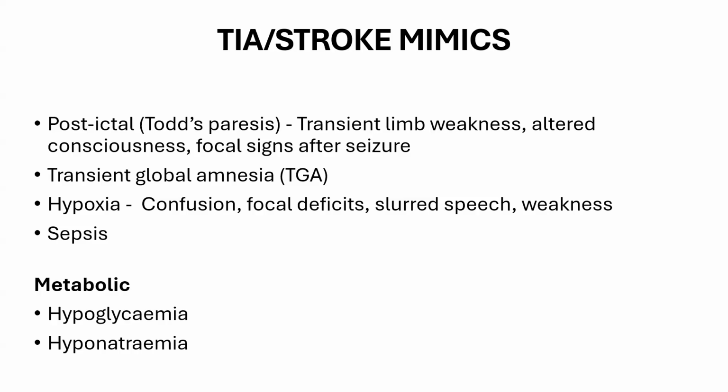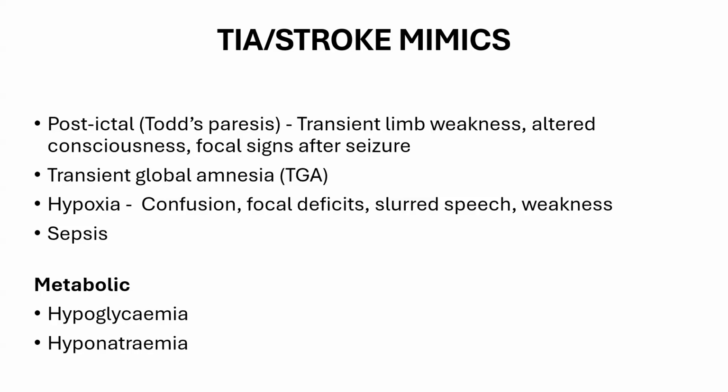Therefore, it's important not to misdiagnose them, because many non-vascular conditions like seizures, migraines, or hypoglycemia can mimic TIA. Mislabeling these as TIA can lead to unnecessary antiplatelet or anticoagulant use, which increases the bleeding risk. And missing the true cause, for example a brain tumor or a Bell's palsy, delays appropriate treatment of that condition. So early recognition improves patient safety and outcomes.